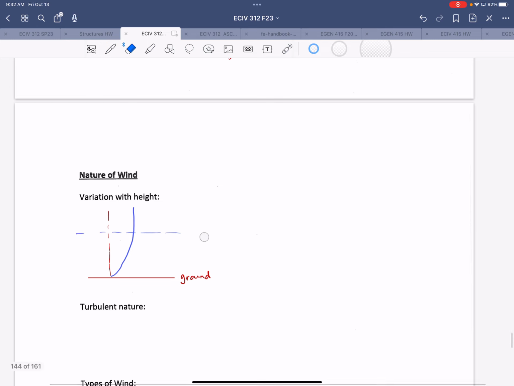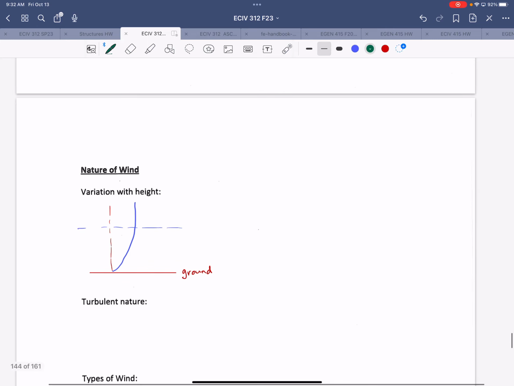Let's say that occurs around 1,200 feet.